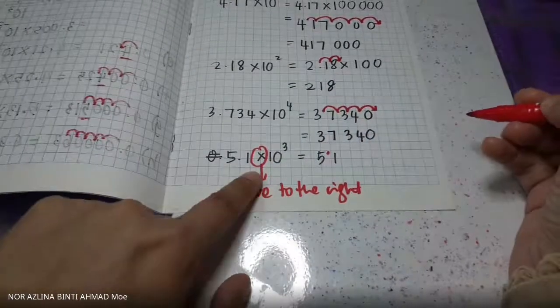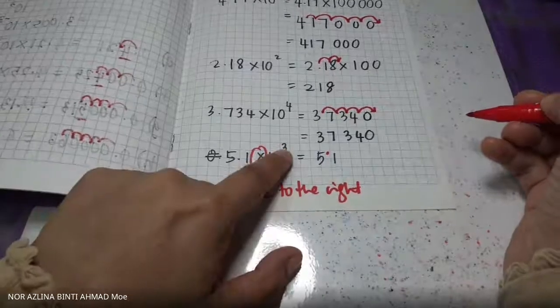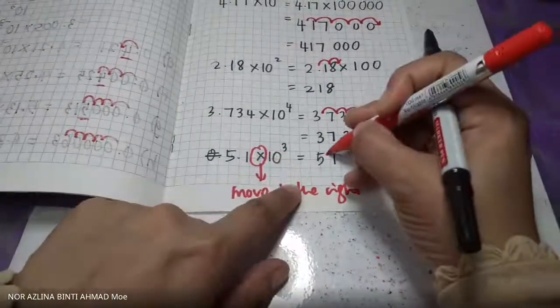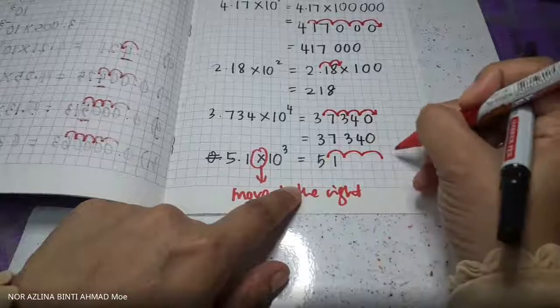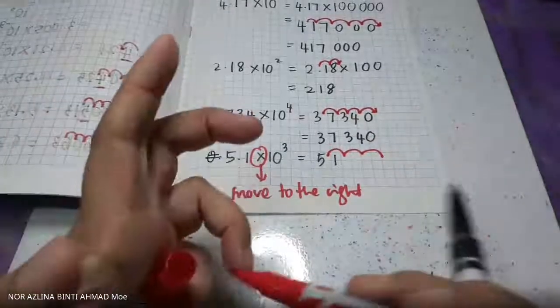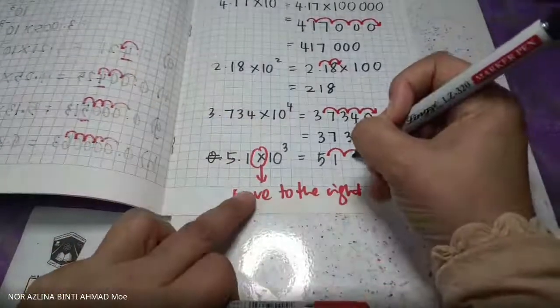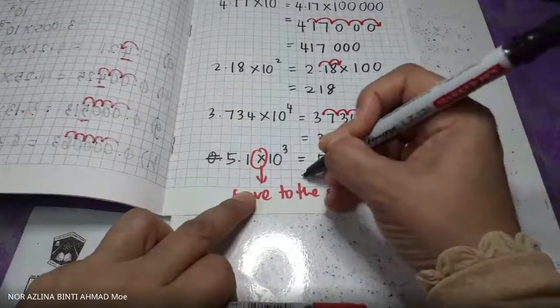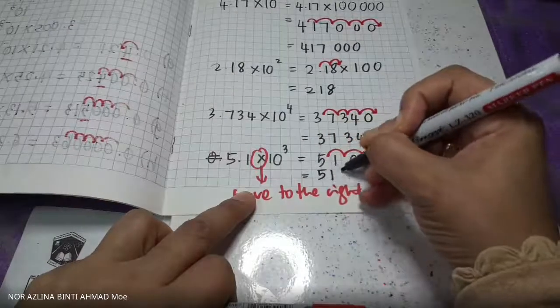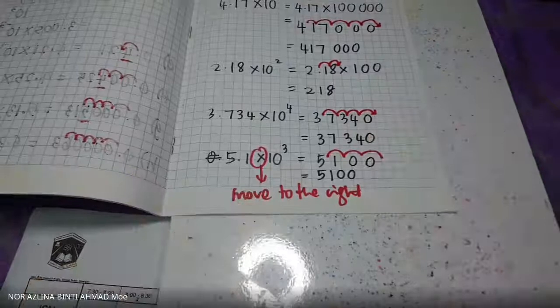How many times? 3 times because 10 to the power of 3. So 1, 2, 3, the decimal stops here, and here becomes 0, 0. Final answer 5100.